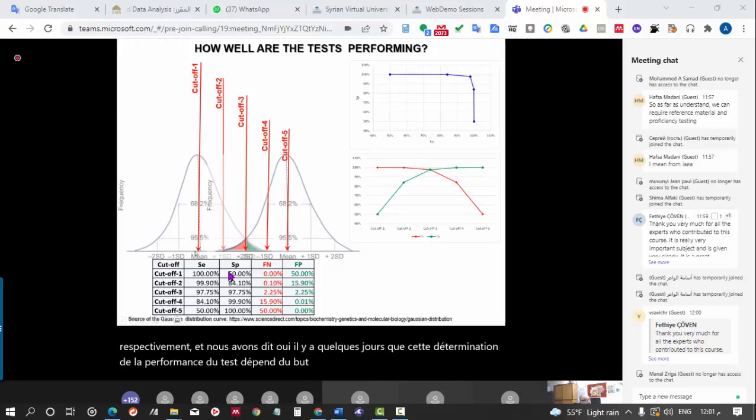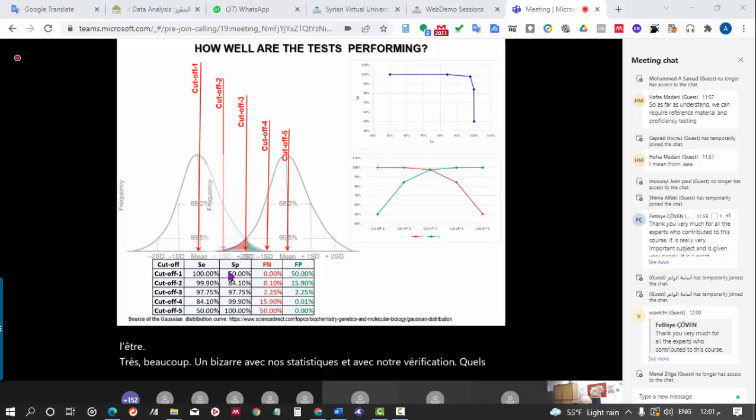But we must be very much aware with our statistics and with our verification, what are the statistical performances of our test.